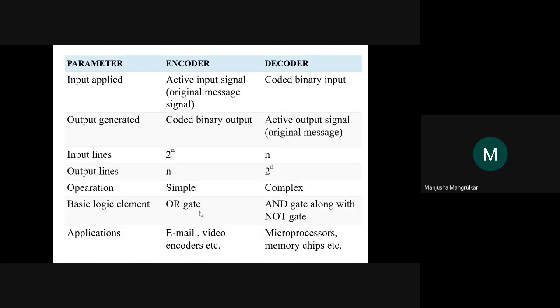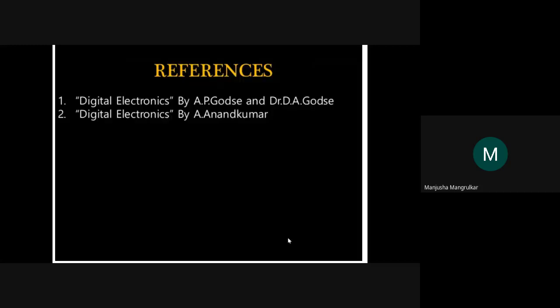Logic gates used are OR gates here, and AND and NOT, or NAND and NOT there. Right? Applications of encoders and decoders include email, video, microprocessors, and memory chips where we are going to store the data. So these are the applications, right?